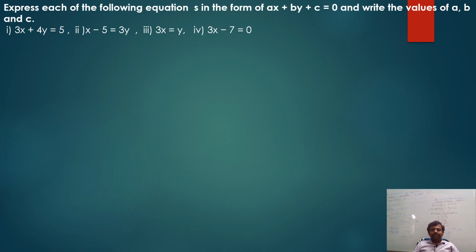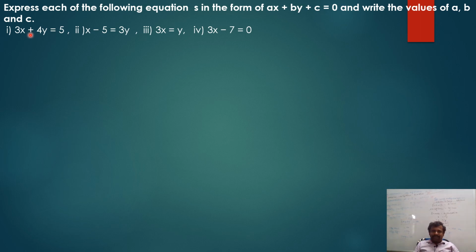Observe here, dear students: express each of the following equations in the form ax plus by plus c is equal to 0 and write the values of a, b and c.